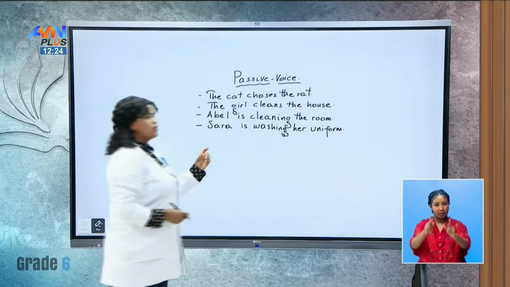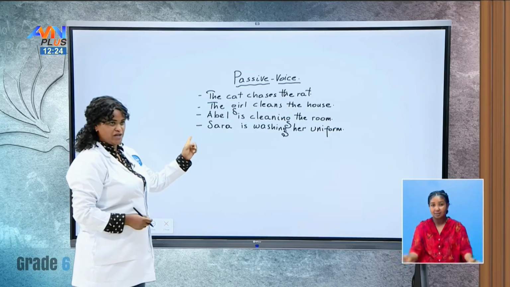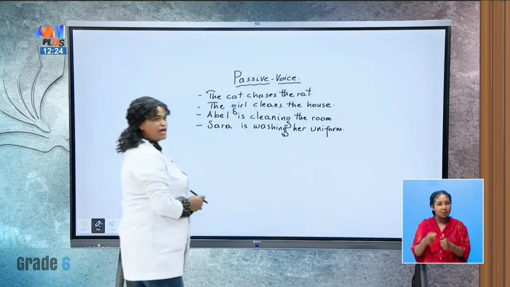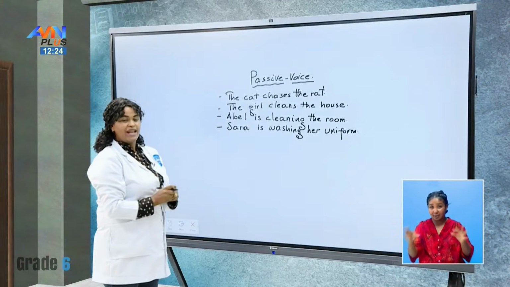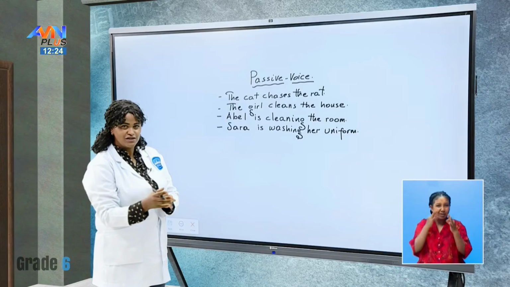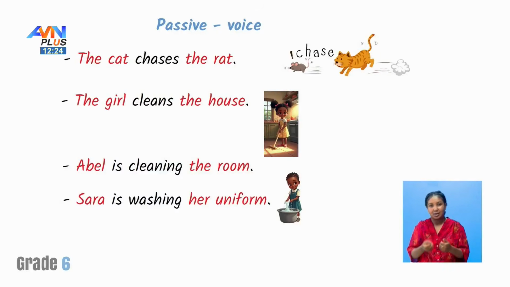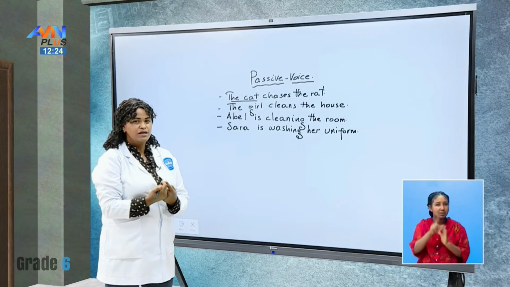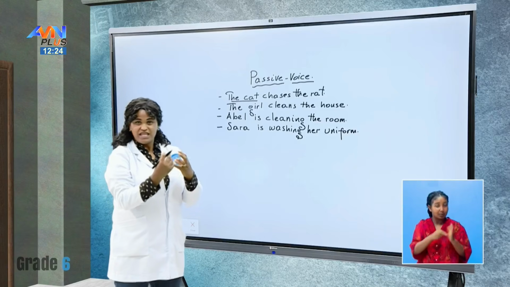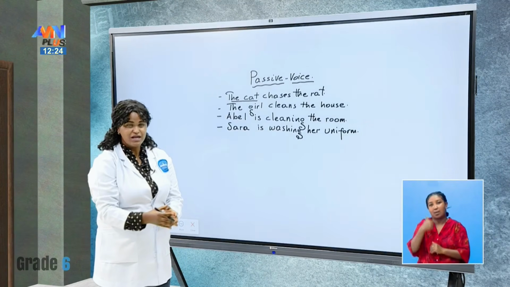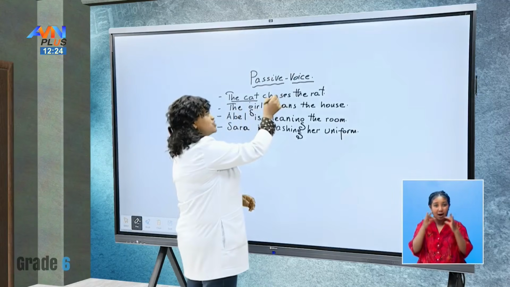Okay, now look at these sentences very carefully, all right? Look at the first one. The cat chases the rat. Now, in this sentence, let us identify the role of the cat and the rat, okay? Here, the cat in the first sentence is our subject, right? What do we mean when we say subject? When we say subject, it is someone who performs the verb or the action, right? The cat then chases.